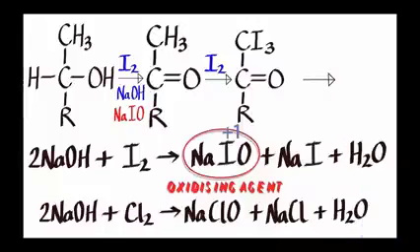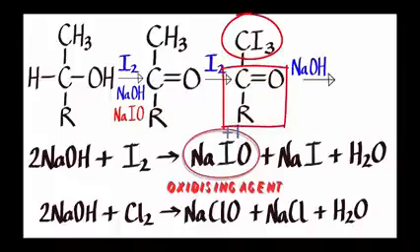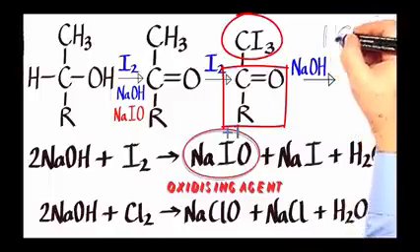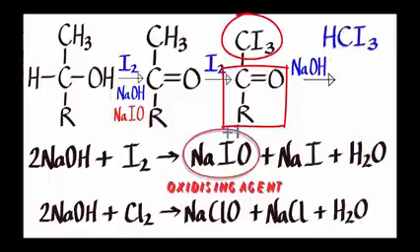Then in the final step, brought about by hydroxide ions from the sodium hydroxide, that organic compound splits, and it will produce the sodium salt of an acid together with CHI3, triiodomethane, also known simply as iodoform, and you'll see that it is a pale yellow solid with an antiseptic smell.